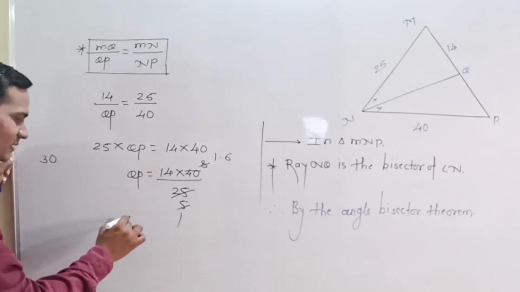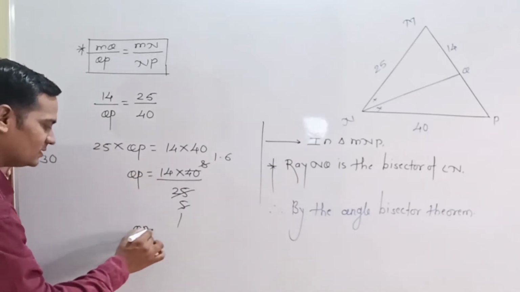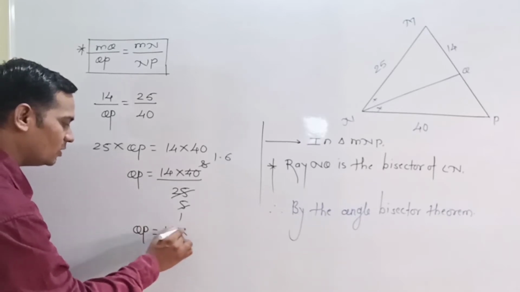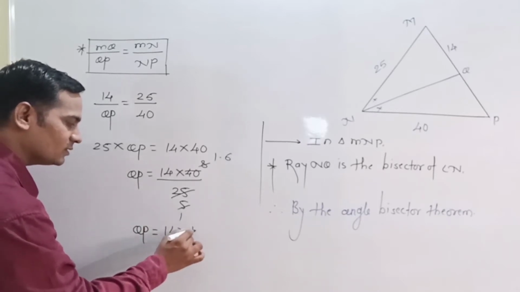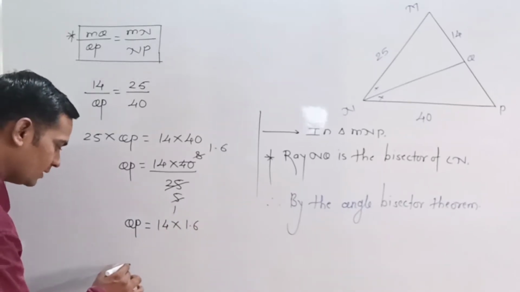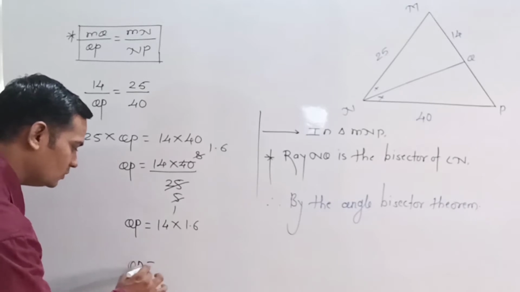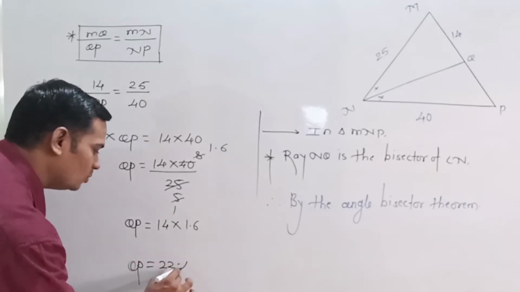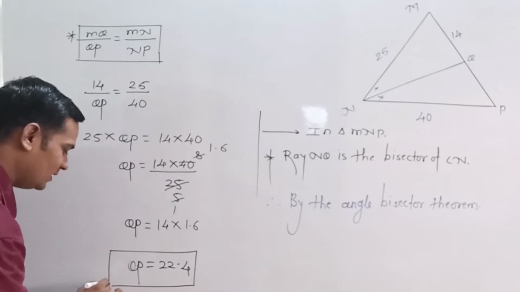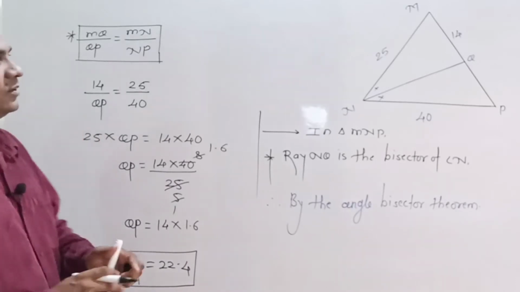So what are the remaining things? QP is equal to 14 into 1.6, and that answer will be QP is equal to 22.4.